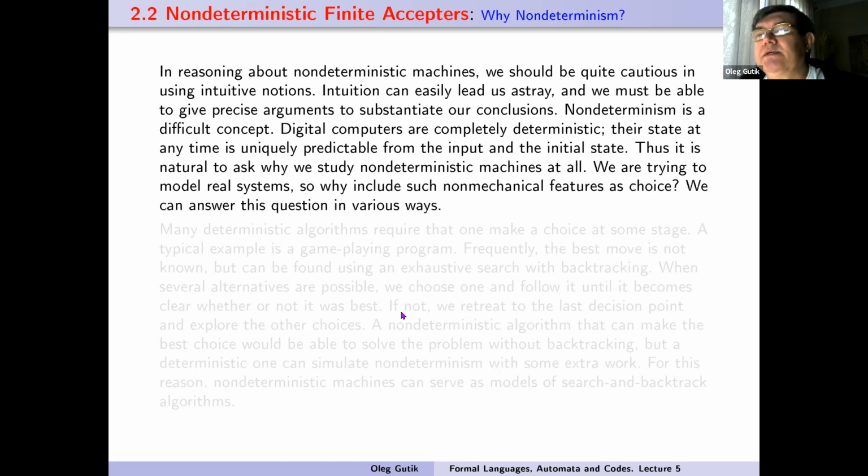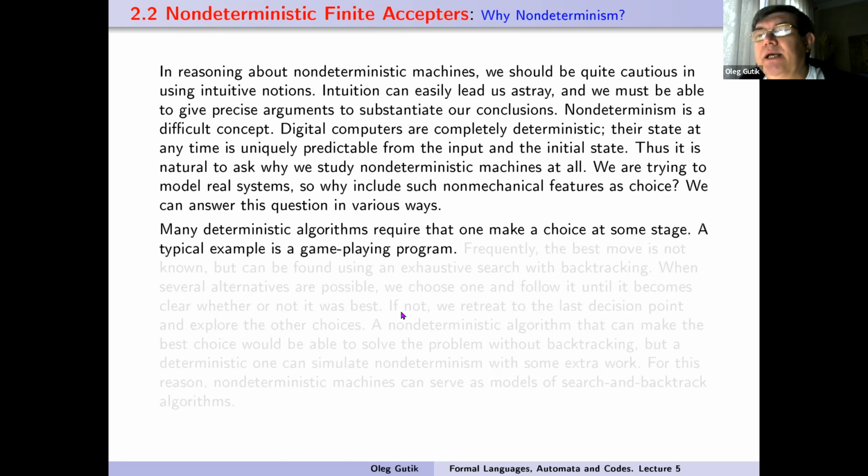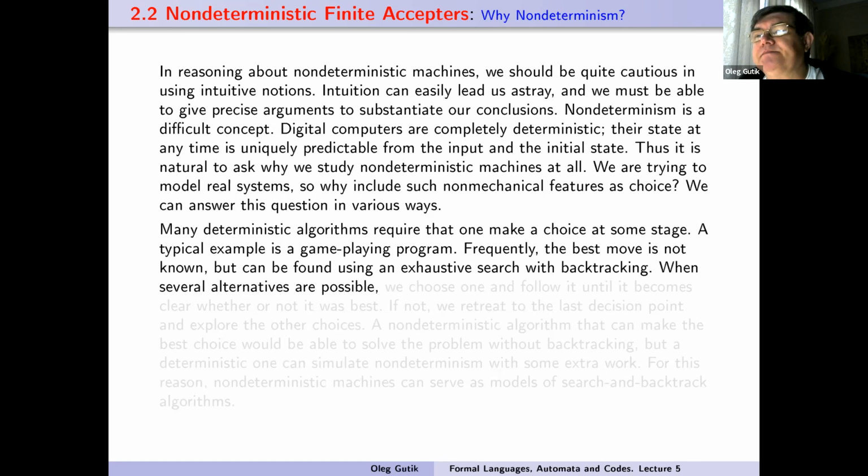We can answer this question in various ways. Many deterministic algorithms require that one make a choice at some stage. A typical example is a game-playing program. Frequently, the best move is not known, but can be found using an exhaustive search with backtracking. When several alternatives are possible, we choose one and follow it until it becomes clear whether or not it was best.